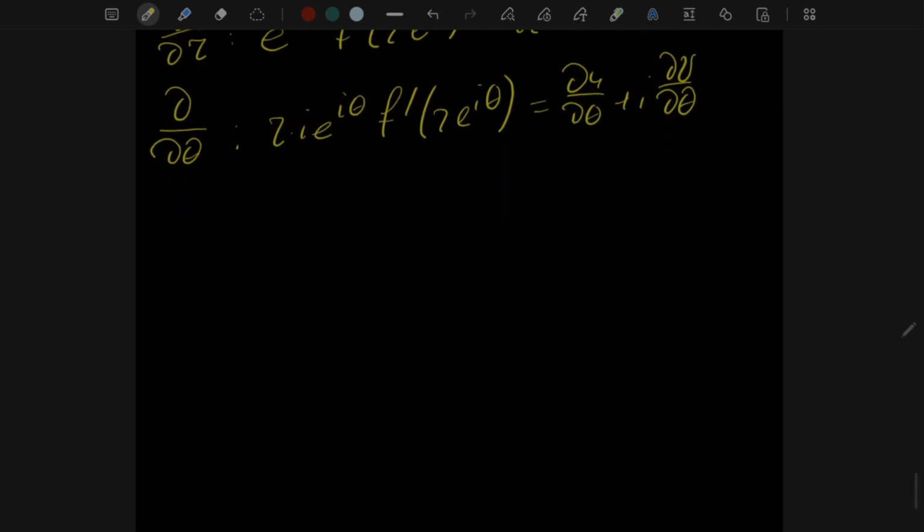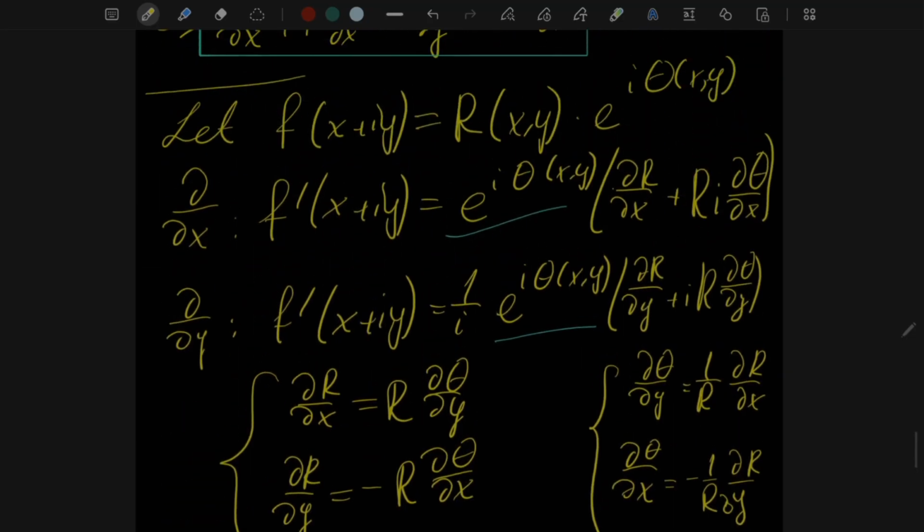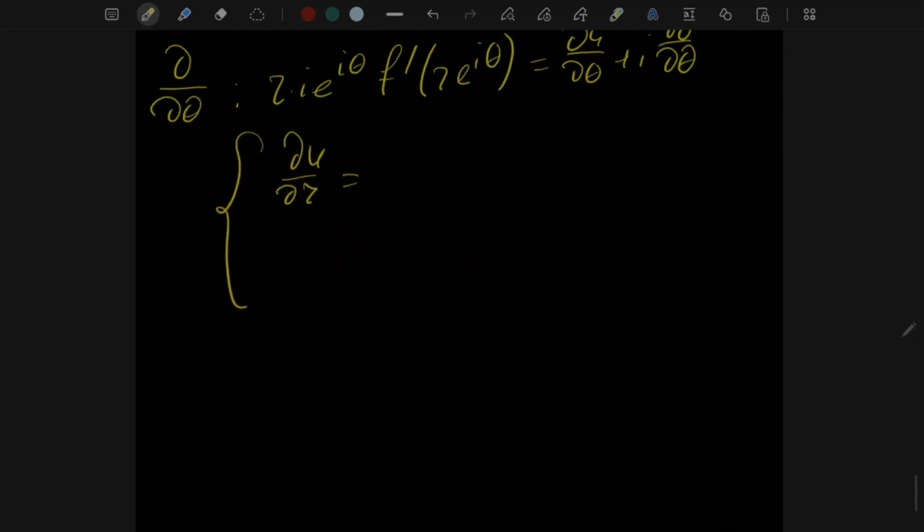And yet again, by cancelling everything out and equating the real part and the imaginary part, we get another form of the Cauchy-Riemann equations. And here, let's start with du by dr. It is equal to 1 over r times dv by d theta.